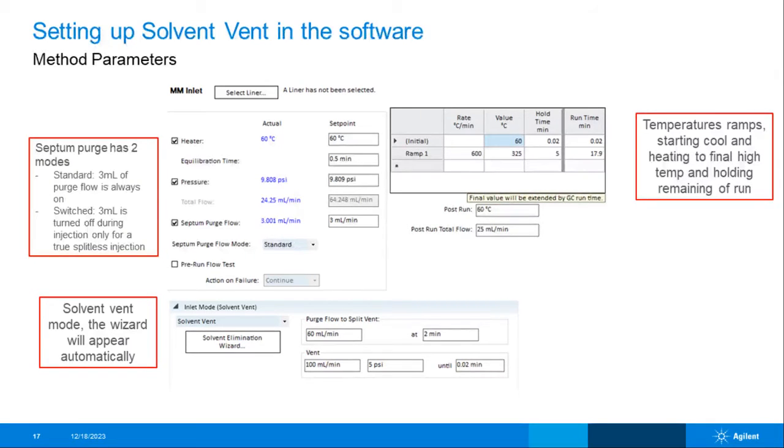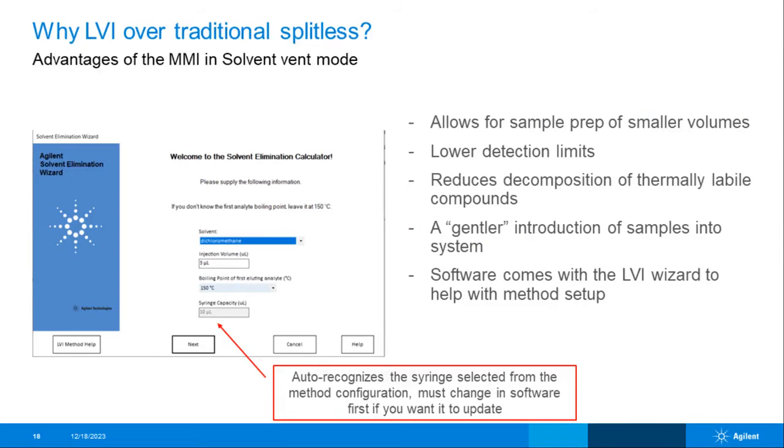All right, let's jump back into the Solvent Vent Wizard, like I stated before. Like I said, the box appears automatically when selected in Solvent Vent mode. Once you click on the box for the Solvent Vent Wizard, it opens up this extra software here that helps you create your solvent vent method for you. And again, there are tons of benefits to using a solvent vent injection procedure here.